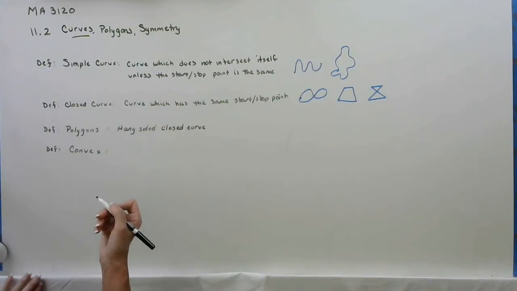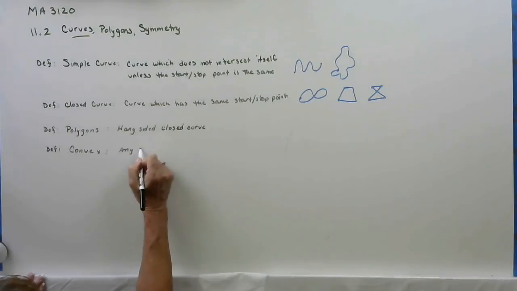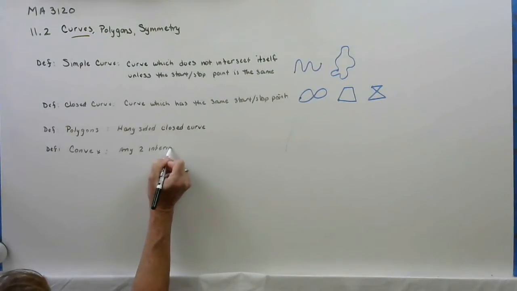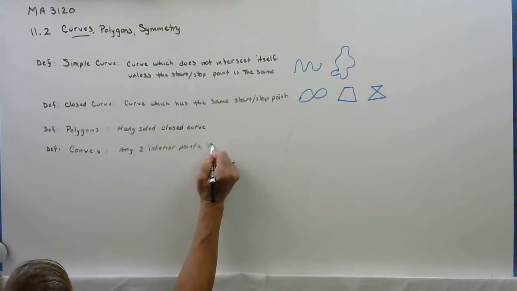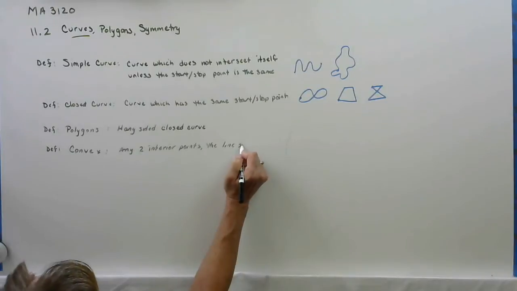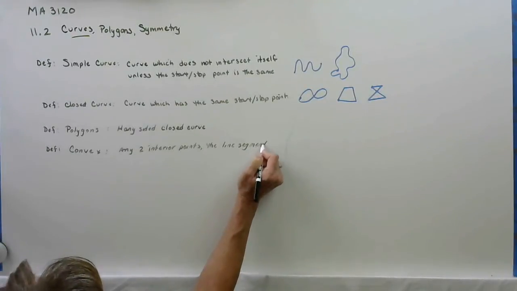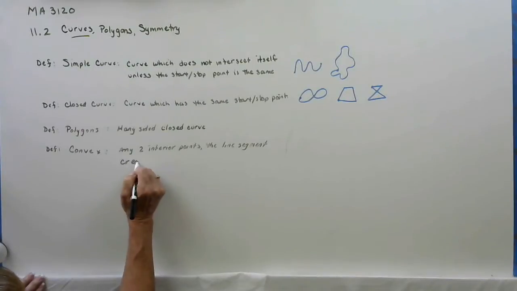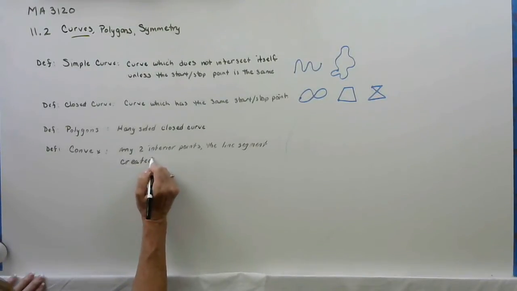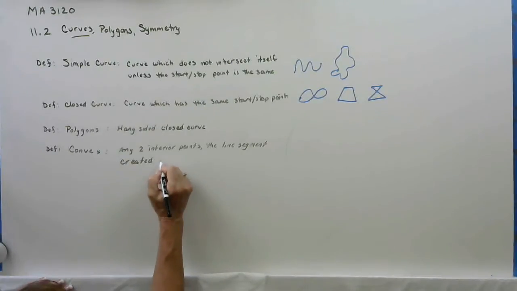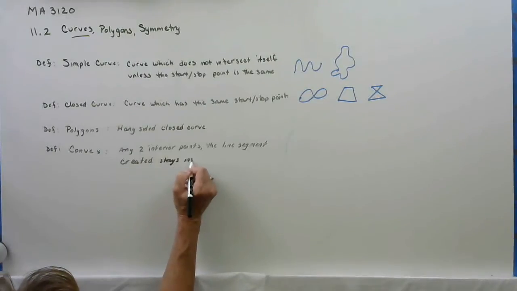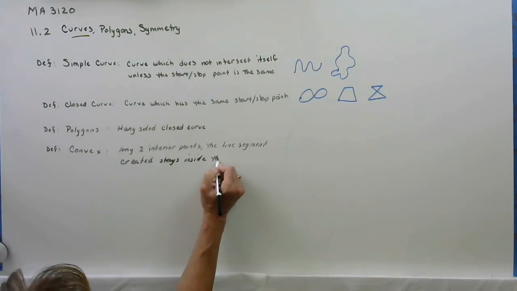A lot easier with a picture, but if I take any 2 interior points, the line segment they create stays inside the polygon. I'm trying to switch pens.